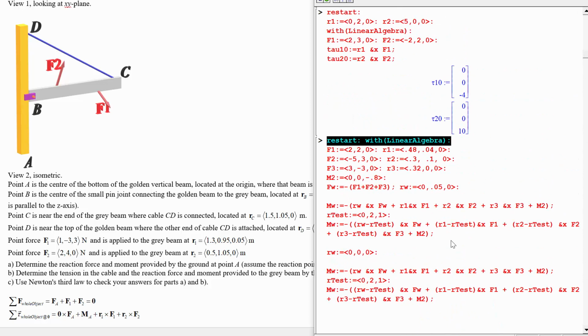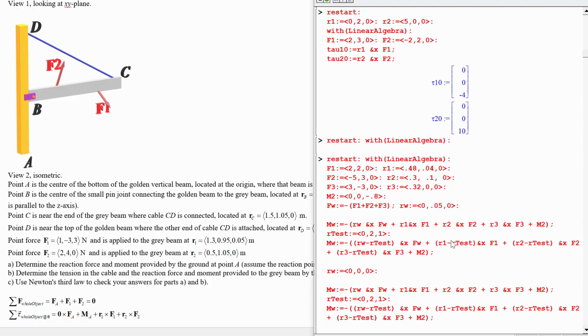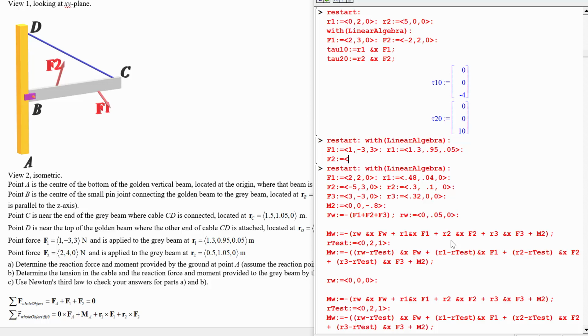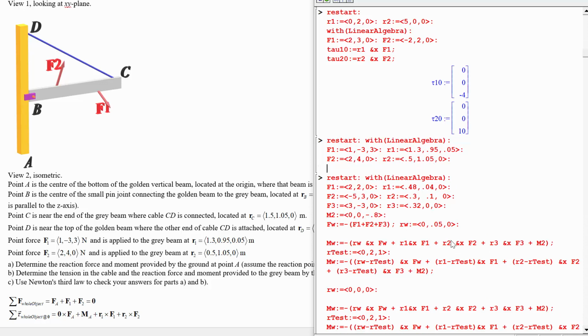Similar setup to last time. Now we've got just 3 dimensions. So F1 is equal to 1, -3, 3 at position R1, 1.3, 0.95, 0.05. F2 is 2, 4, 0 at location R2, 0.5, 1.05, and 0.